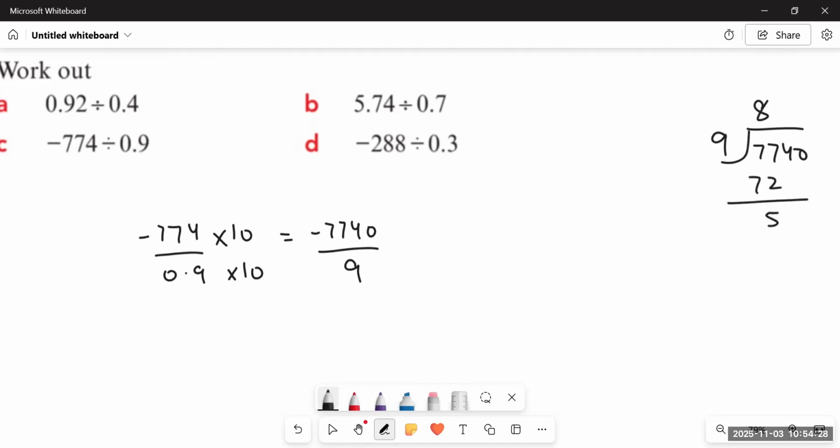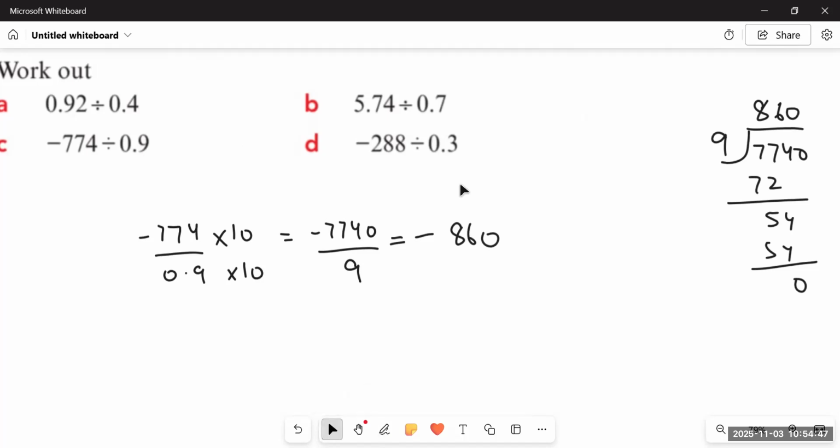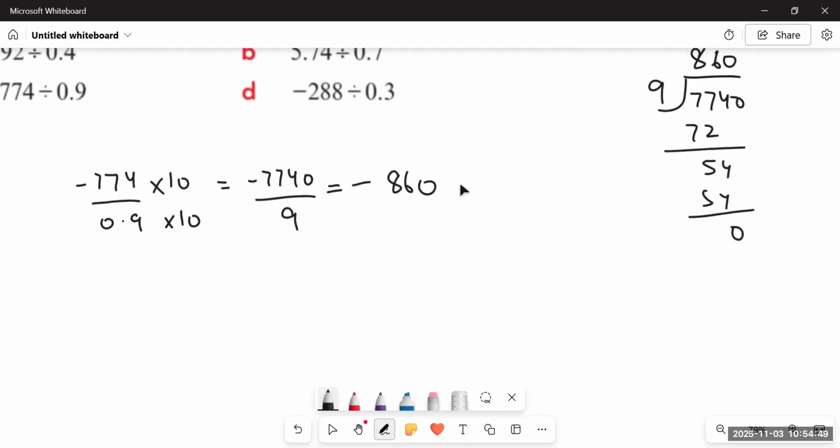Here comes 5. 9 sixes are 54. Here comes 0. So it's 860. The answer to this one would be 860. That's all. Okay, in some cases you will get the answer as a whole number. In other cases you'll get the answer as a decimal. Doesn't matter.